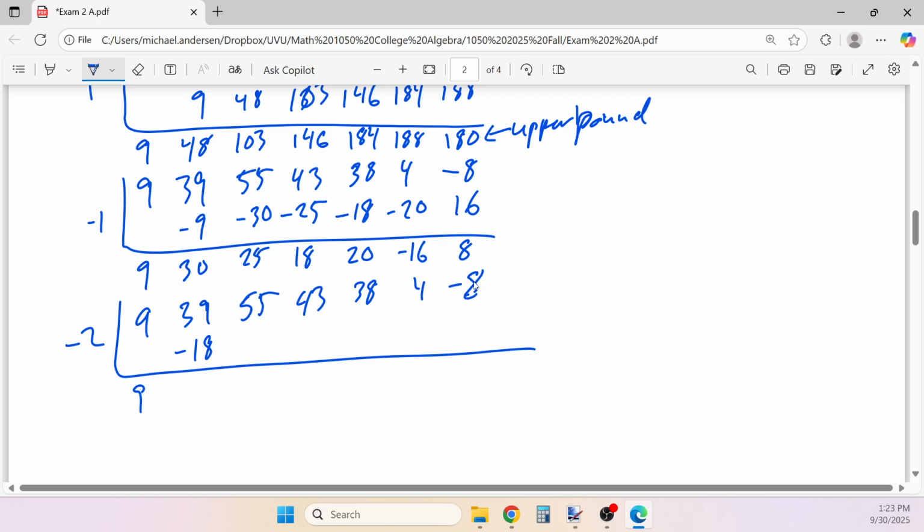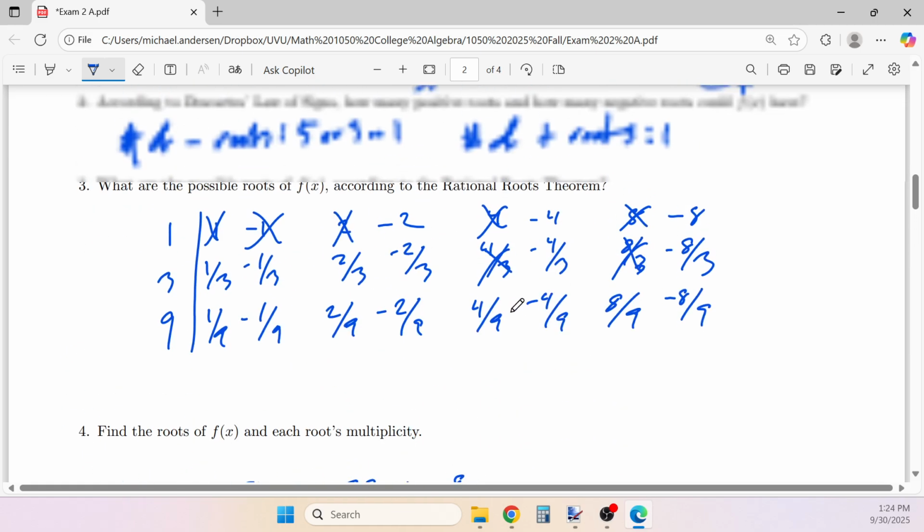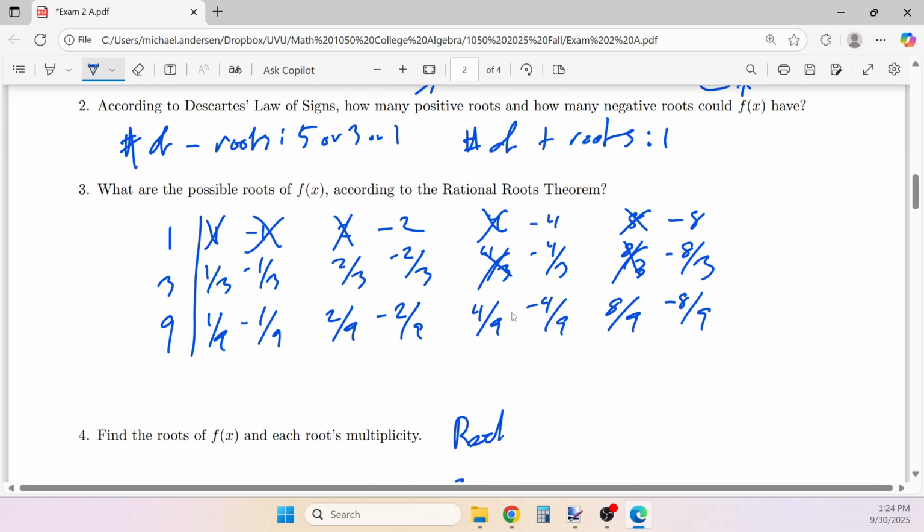Thus, 2, 6, 7, 1, 4, 4, -8, -4, +8. That one worked. -2 worked.